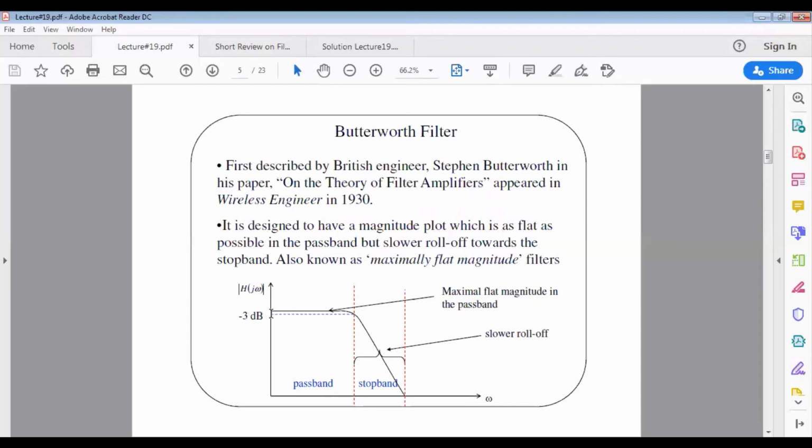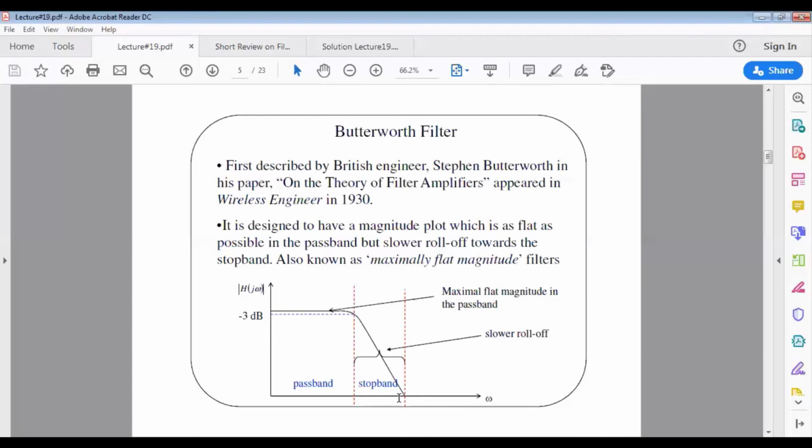It's going to have a flat magnitude response at the passband, and a slower roll off towards the stop band. This means that on the stop band side, the roll off is slower, which means that the slope of this particular line is not that steep.